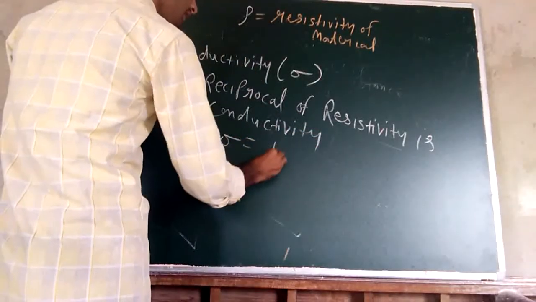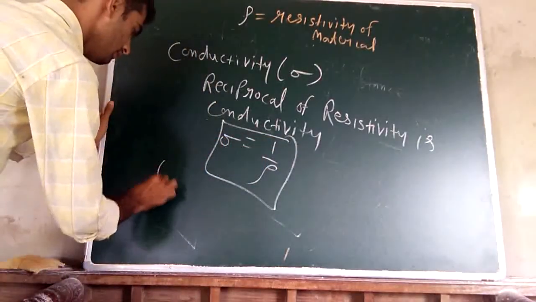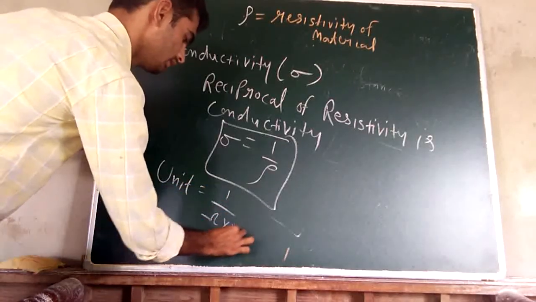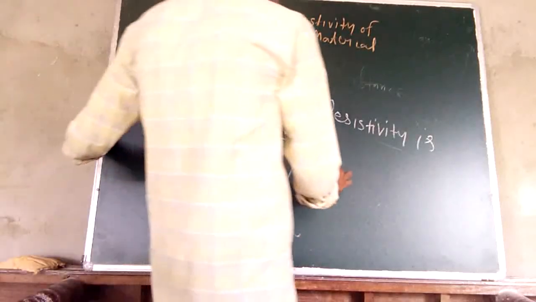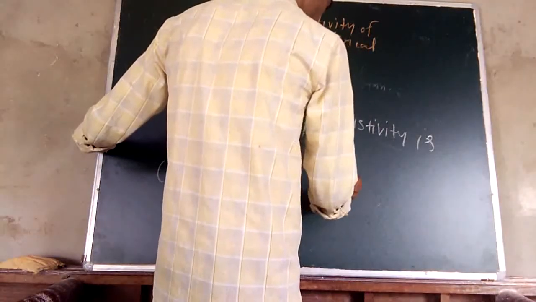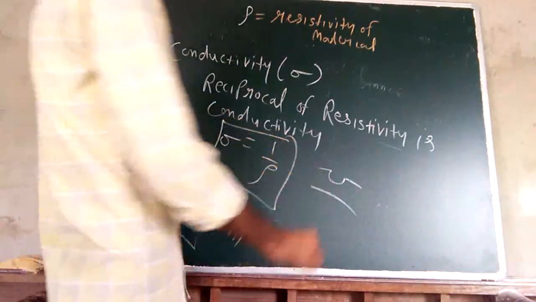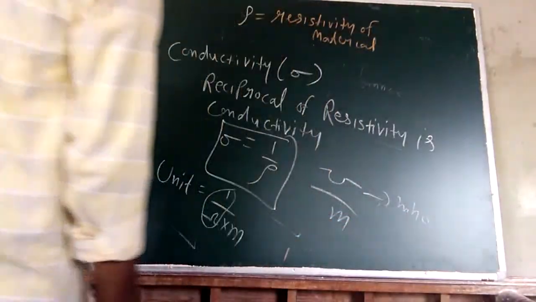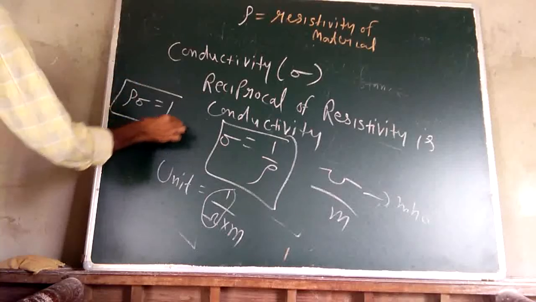Its unit is 1 by ohm into meter. 1 by ohm is known as mho, so the unit is mho divided by meter. And the product of conductivity and resistivity is always 1.